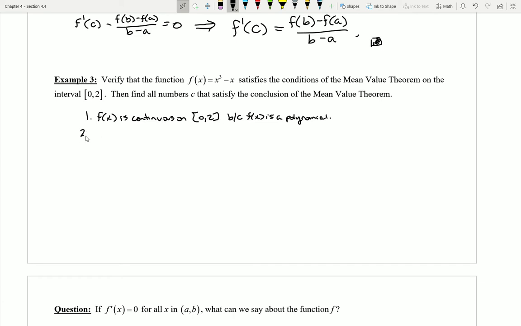I can also then see that my function is differentiable on the interval from 0 to 2 because f prime of x is defined for all values on that interval from 0 to 2, right?